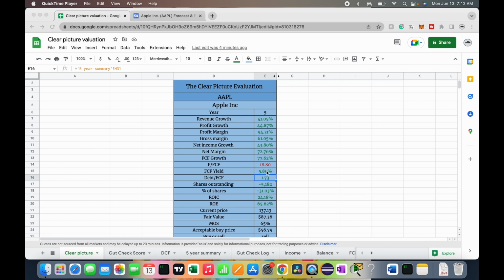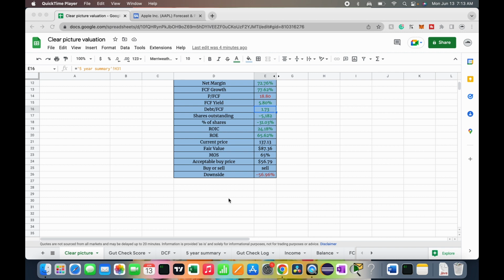I like to have the percentage of shares being bought back right here to show me how much, as a stockholder, I am gaining. Return on invested capital, return on equity.